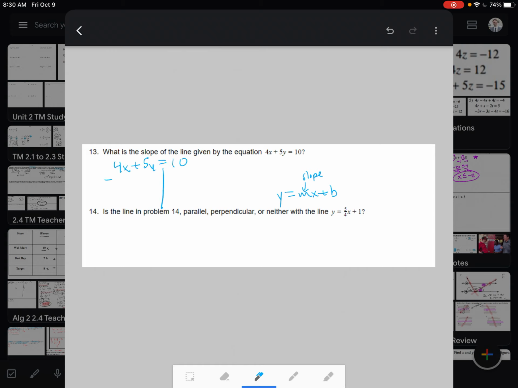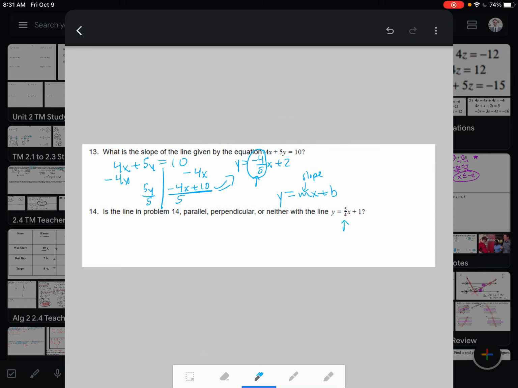And finally, we do need it in y equals form. So we'll have to divide everything by 5. So when we finish, our final equation here will be y equals negative 4 over 5x plus 2, and we've just found our slope. So if you see an example like that, that's how we would go through. So slope is negative 4 over 5.